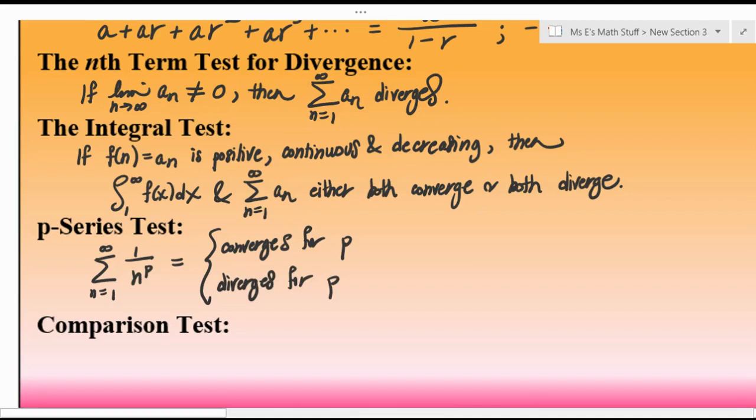I know it diverges if p is 1 because that's the harmonic series. And so it would diverge for p-values that are 1 and less. And it will converge if the terms go to 0 faster than 1 over n, essentially. So that would be anything bigger than 1 for that p-value.